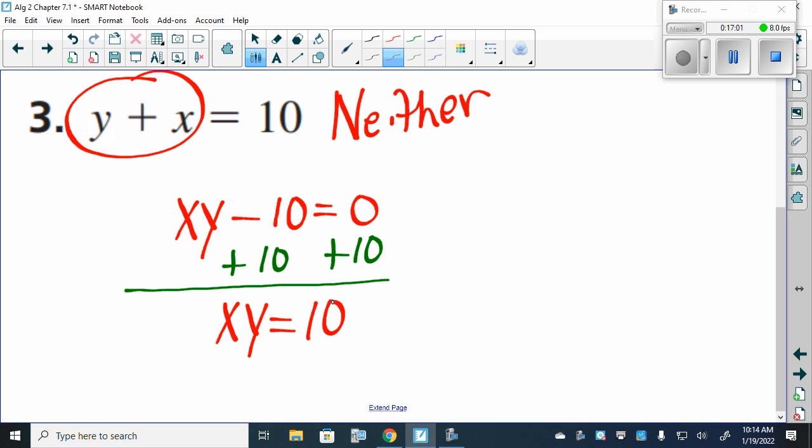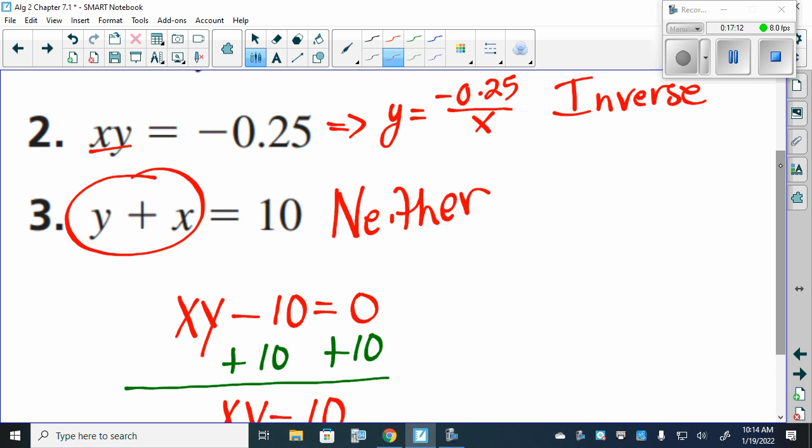Yeah. Really, if the variables aren't attached to each other and there's addition and subtraction, then we can say it's neither. Because when we look at this one, there's no way I can get x and y multiplied or divided. They're at addition and subtraction.